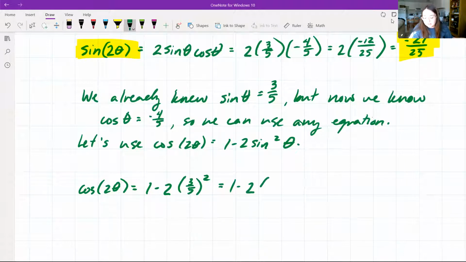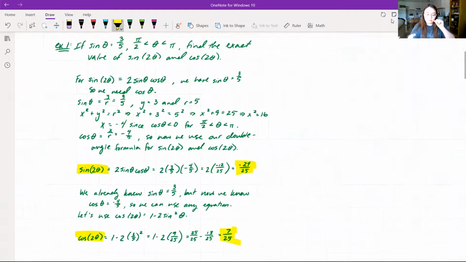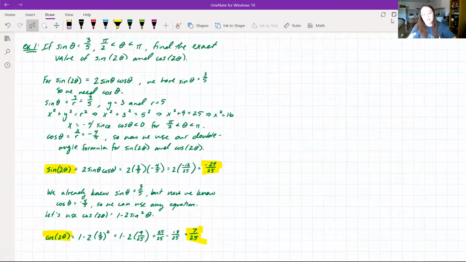So 3/5 squared is going to be 9 over 25, and 9 times 2 is 18. So we have 1 minus 18 over 25. We know 1 is essentially the same thing as 25 over 25. So 25 minus 18 is going to be 7 over 25. So cosine of 2 theta was 7 over 25. So those are the exact values of sine of 2 theta and cosine of 2 theta.